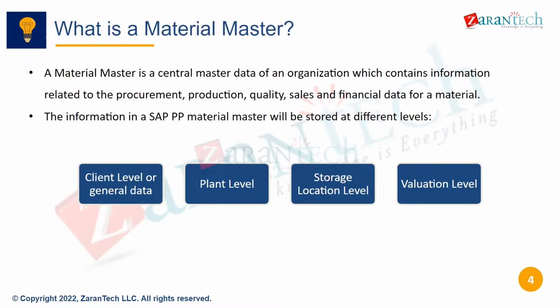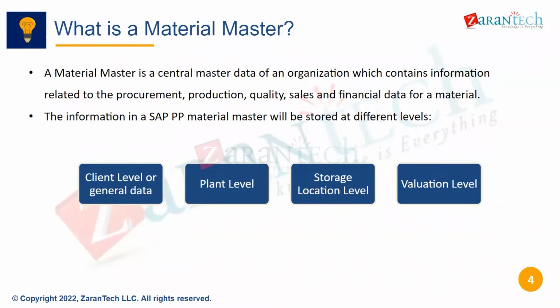So it's a central repository. All the details for all the processes like sales, production, materials management, quality, and accounting are stored in a single place, with one material number. That is the core of material master in SAP, or for that matter, any ERP.